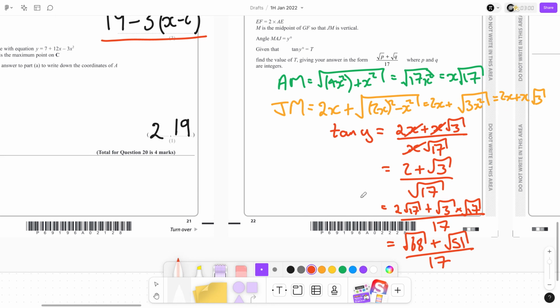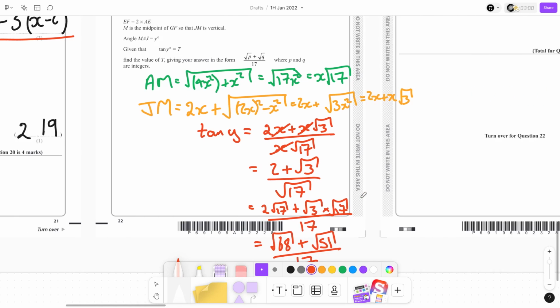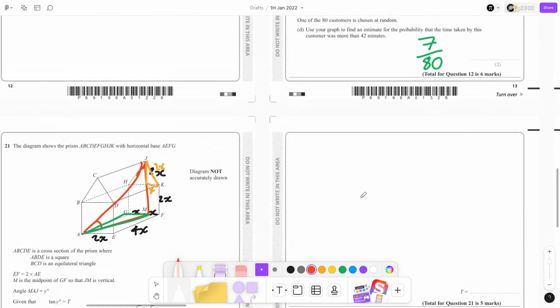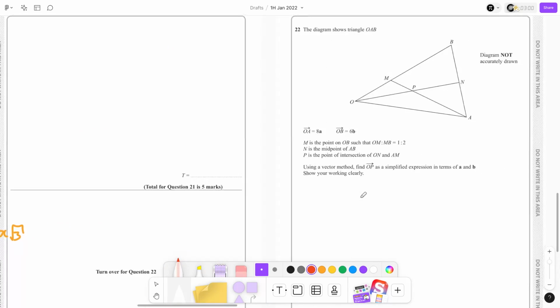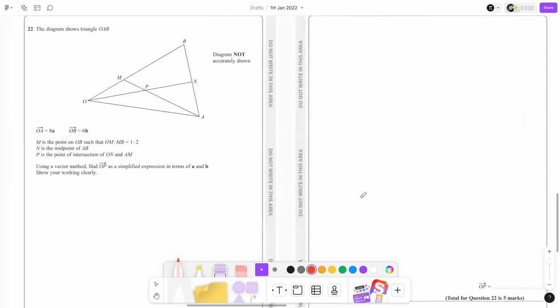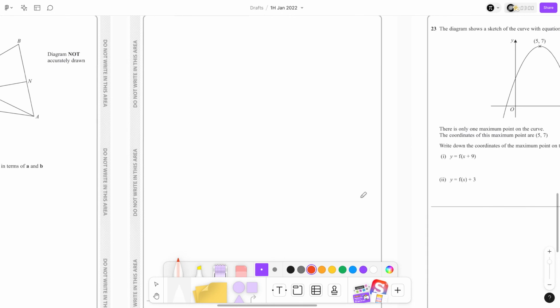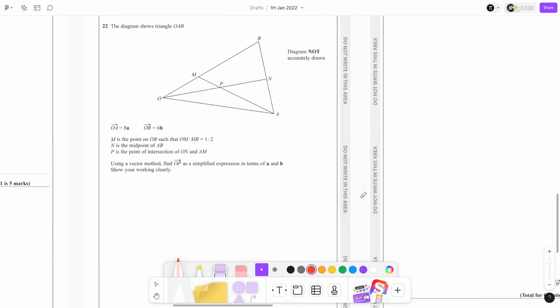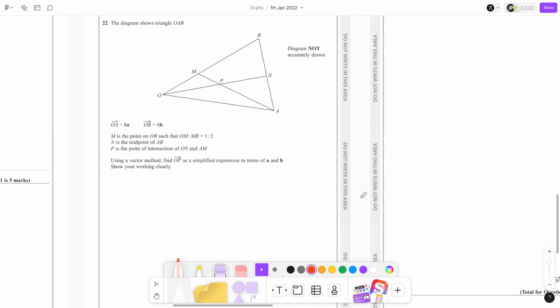So quite a lot of different things in that one to get you thinking, but we are nearing the end now, so we would expect some harder questions. So we've got 22, 23 and 24. 22 is our vector question. So we've got the vector OA is 8A, OB is 6B.